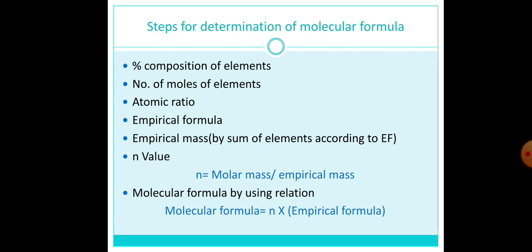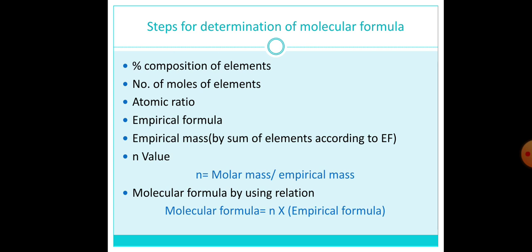Here, 3 steps are additional for determination of molecular formula. After the empirical formula, we should calculate the empirical mass, and empirical mass is calculated by the sum of elements present in the empirical formula.